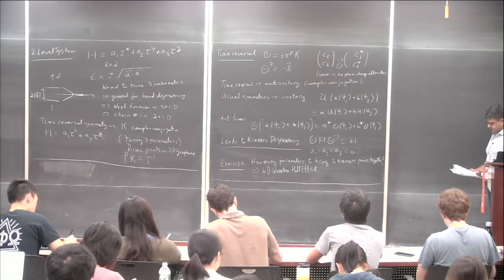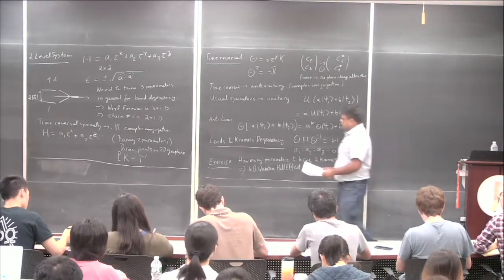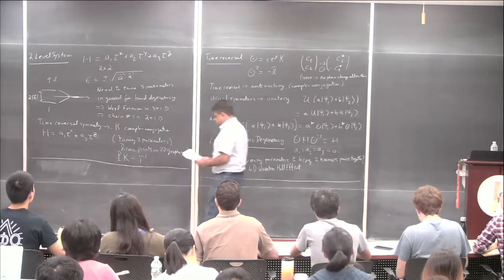So that's some basics about this problem of, I guess it's probably due to von Neumann, how many parameters you need to tune in order to get things into coincidence.